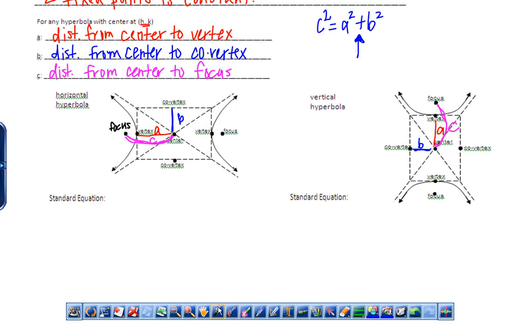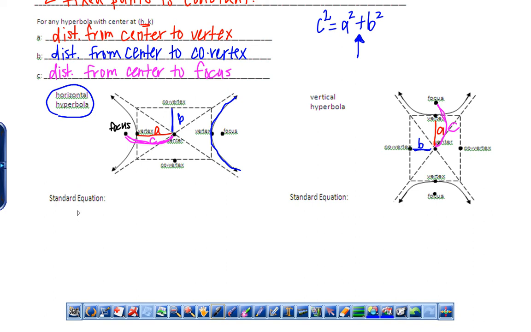Okay, so for our horizontal, our vertex and our focus go horizontally. If you notice, our focus is on the outside, it's the furthest point out. But our picture, if you notice, is out here and our focus is in the middle. And our equation looks very similar to our ellipse.